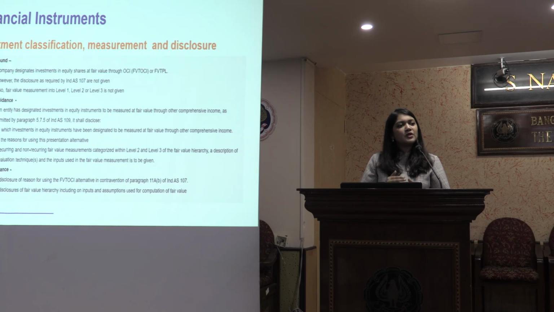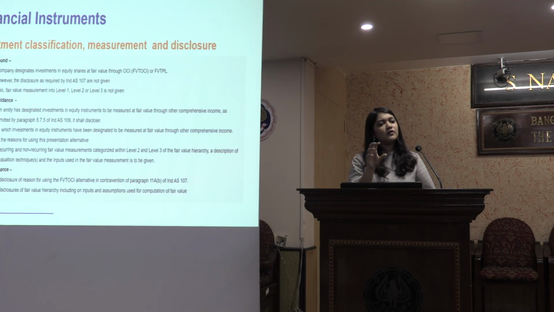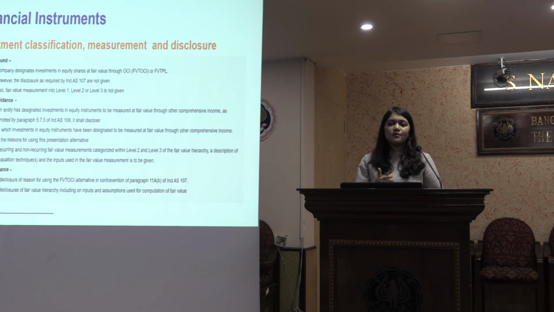Level 2 means where the market value is derived using certain inputs which are readily available in the market. So the market value of the instrument itself is not available, but it is derived using such inputs which are readily available. Honestly speaking, we use level 2 very little.